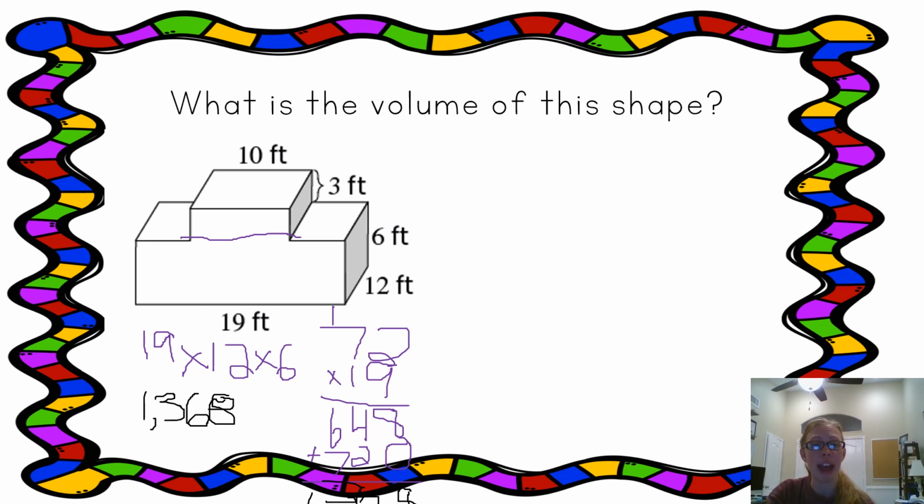So now let's look at the volume of the shape on top. I can see that I've got a length of 10 and a height of 3, but I don't really see the width labeled clearly here. I have to look at the rest of the shape to be able to figure out what is my width in this top shape.